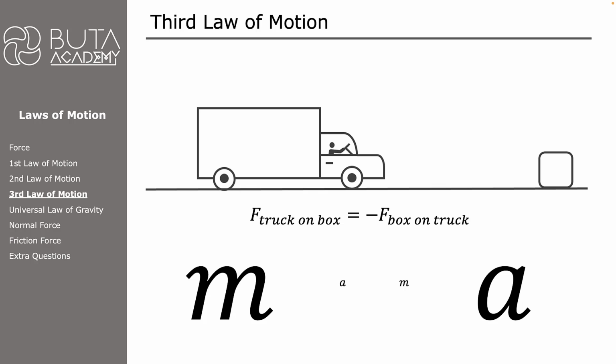We know from the second law of motion that the net force is equal to mass times acceleration. If we multiply masses and acceleration for both objects, we can see that the results will be equal. As a result, in this kind of situation, the object with the smaller mass has greater acceleration and the object with the greater mass has smaller acceleration, but the products of masses and accelerations are the same.